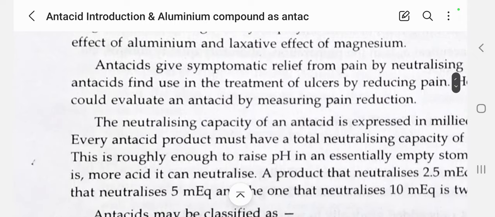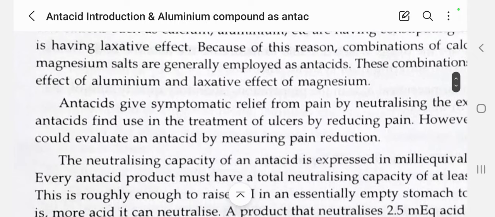How is the neutralizing capacity of an antacid expressed?